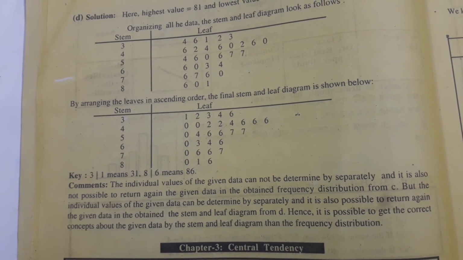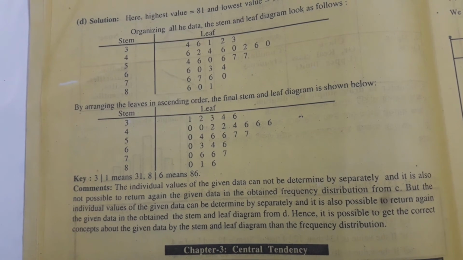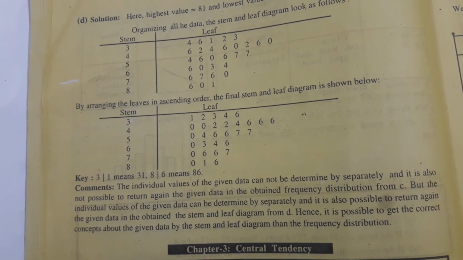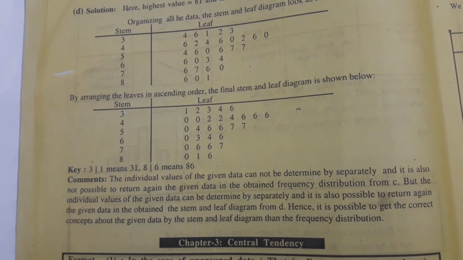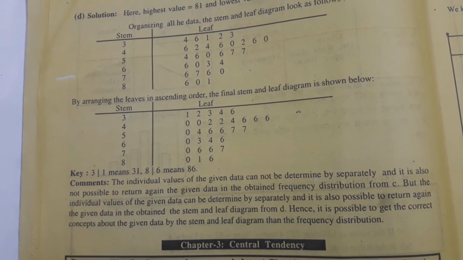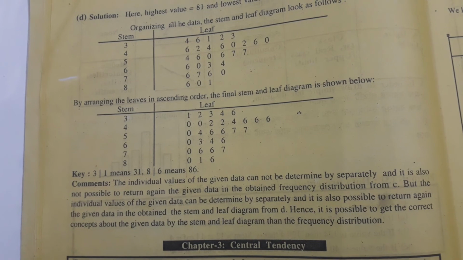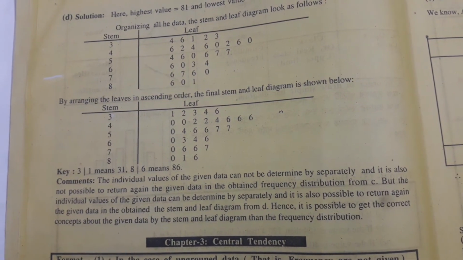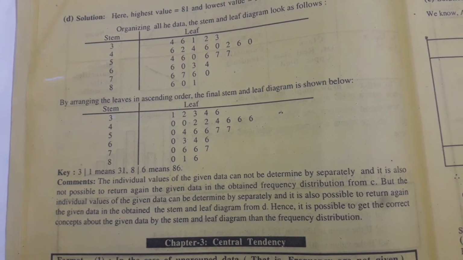Stem 3, and we have arranged the leaves in ascending order: 1, 2, 3, 4, 6. Stem 4: 0, 0, 2, 2, 4, 6, 6, 6. Stem 5: 0, 4, 6, 6, 7, 7. Stem 6: 0, 3, 4, 6. Stem 7: 0, 6, 6, 7.